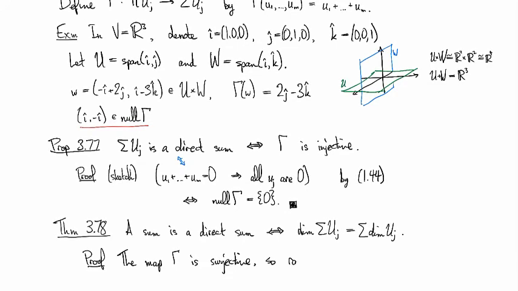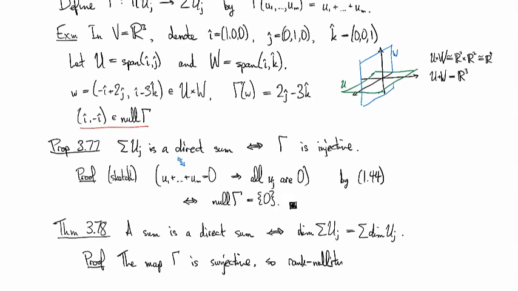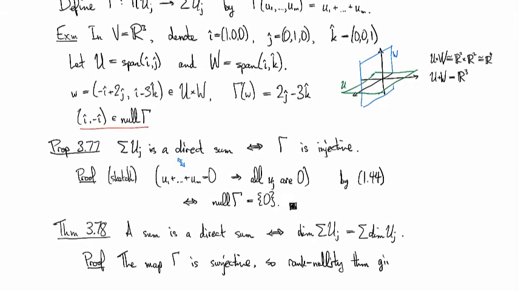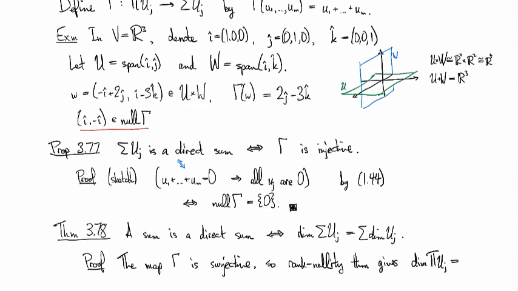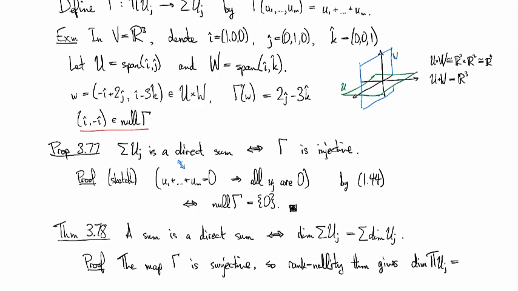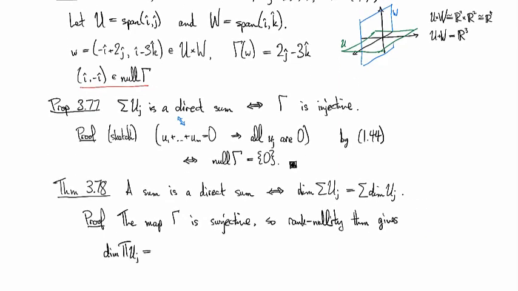So the rank-nullity theorem gives that the dimension of the product of the UJs is going to be equal to, oh heck, I've run out of room. Let's zip back there.